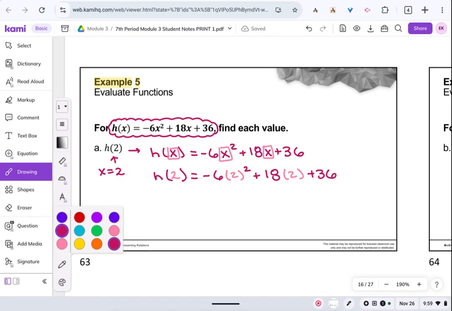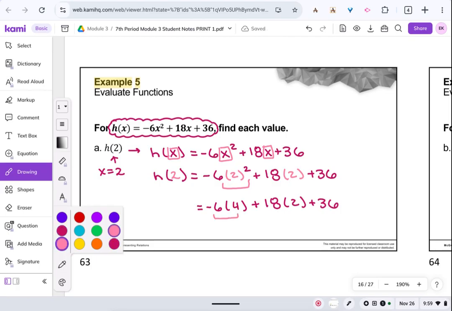All right, this one has a little bit more that we have to calculate. So what we're going to do first is calculate 2 to the second power. So make sure you're doing that in your calculators. I get 4 for that. So I'll have negative 6 times 4 plus 18 times 2 plus 36.